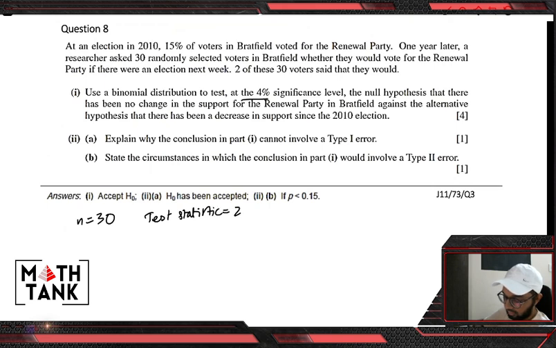Using a binomial distribution, test at the 4% level the null hypothesis that there was no change against the alternative hypothesis that there has been a decrease. So probability of x less than or equals to 2: 0, 1, and 2.